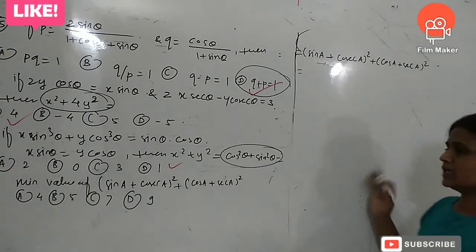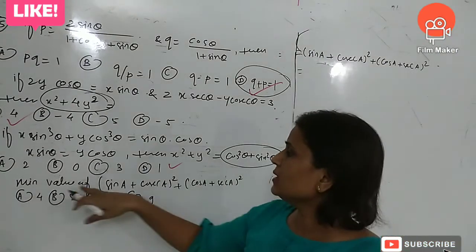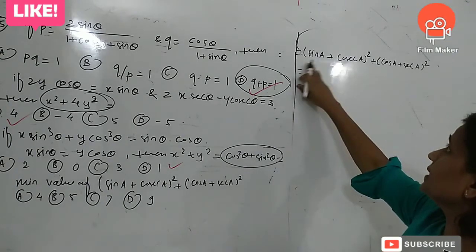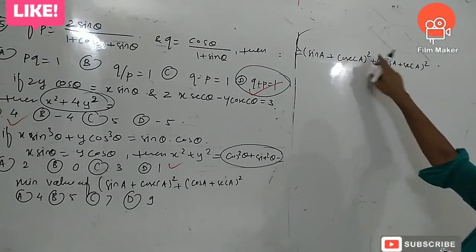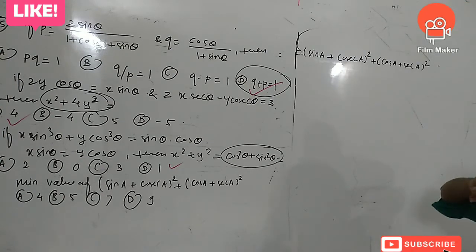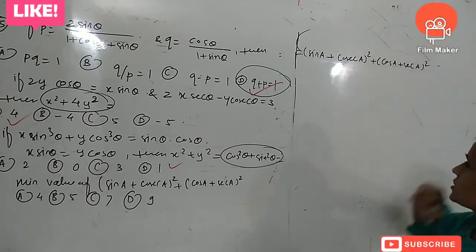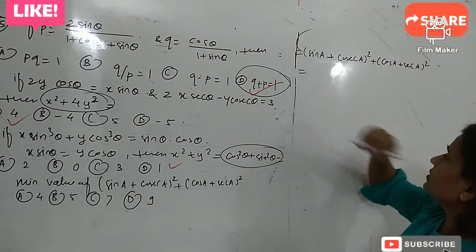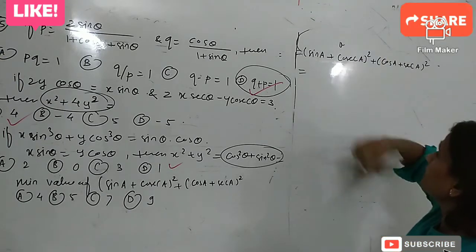So the next question is to find the minimum value of the given expression: (sine a plus cosec a) whole square plus (cos a plus sec a) whole square. So what can we do as the first step? We can simply expand this expression. Which identity can I use?